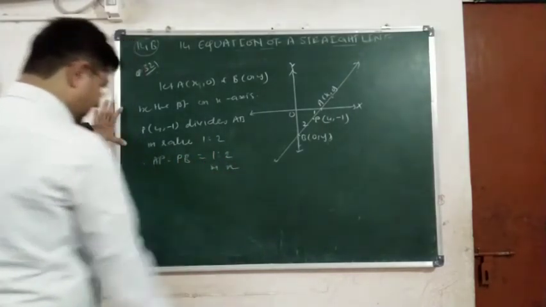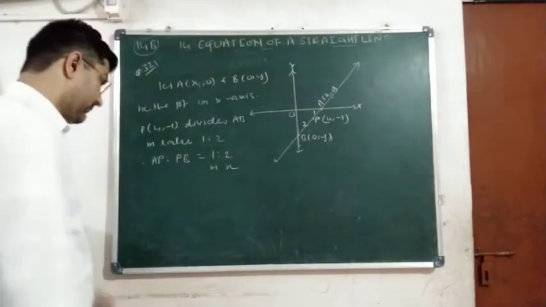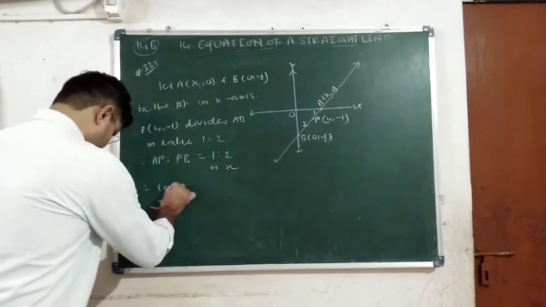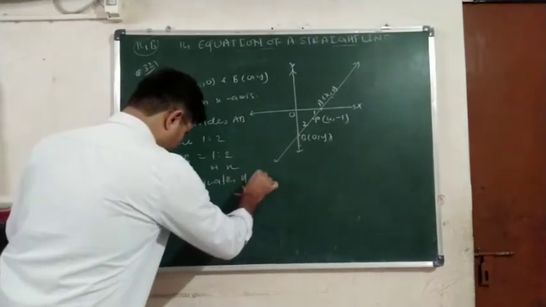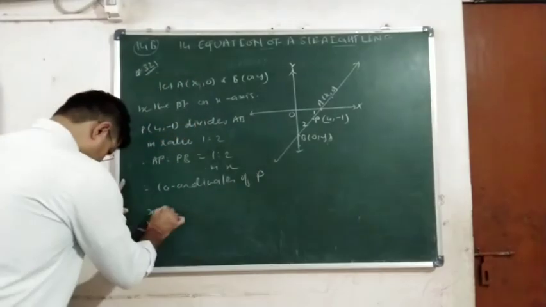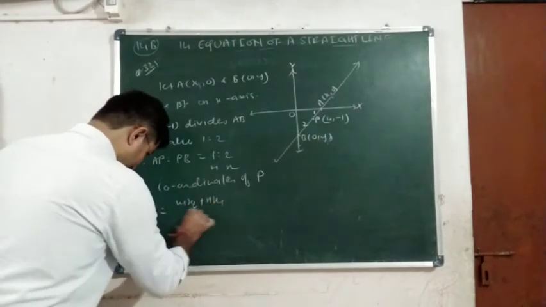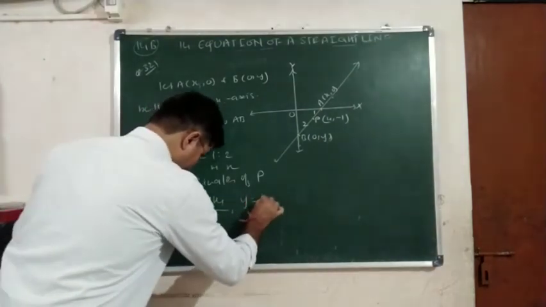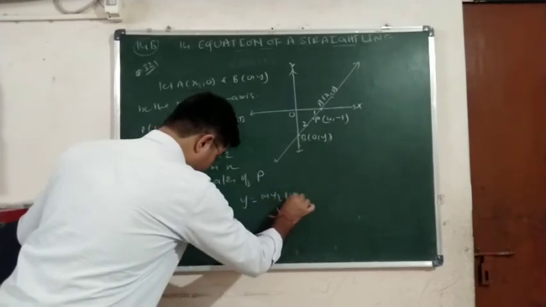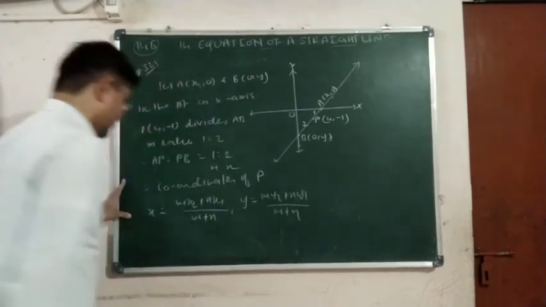These are the values of m and n. So we'll put in the section formula. Therefore the coordinates of P: x is equal to (m x2 plus n x1) upon (m plus n), and y is equal to (m y2 plus n y1) upon (m plus n).